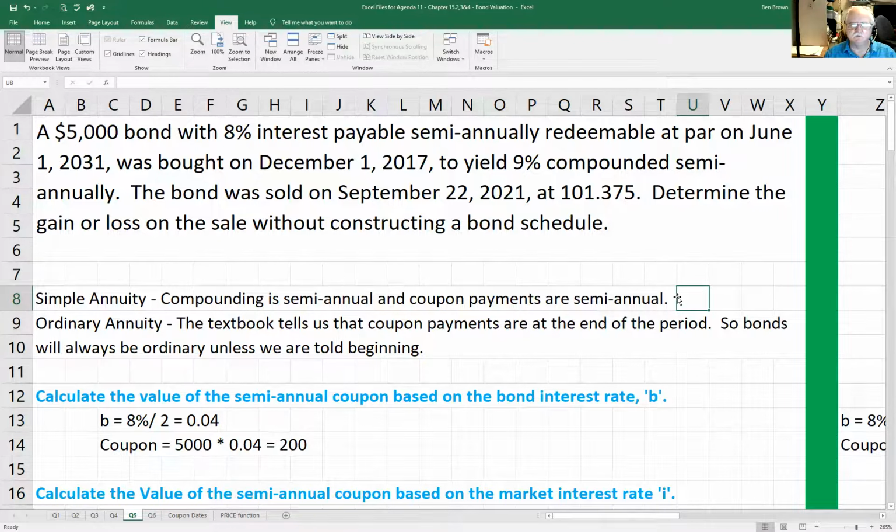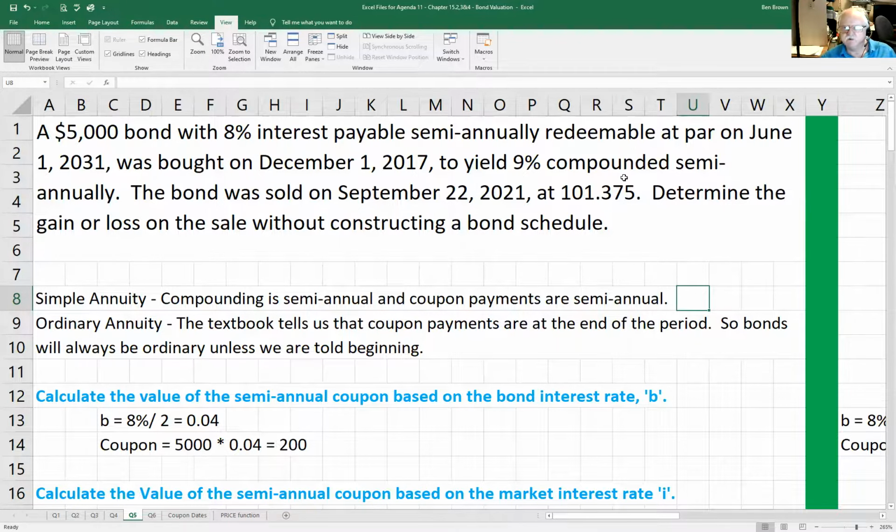So this bond will be selling at a discount, compounded semi-annually. The bond was sold on September 22nd. So we're not worried about when the bond was first bought, we're worried about the September 22nd date.